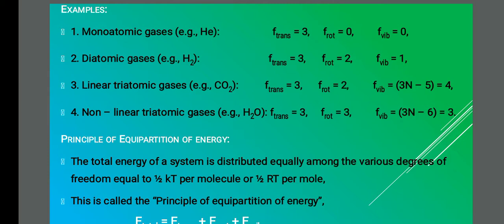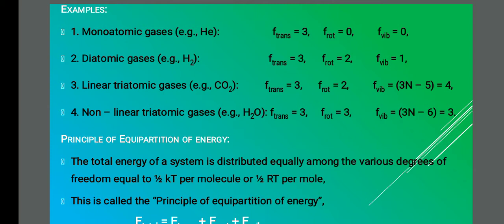So coming to monoatomic gas. Monoatomic gas means it has only one atom, helium for example. If you take translation degree of freedom, F trans is equal to 3. All will have F trans equal to 3. And coming to rotation, it has only one atom.